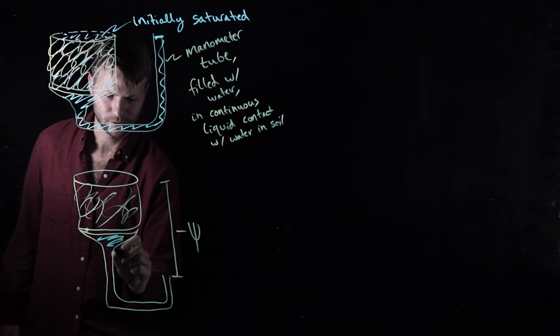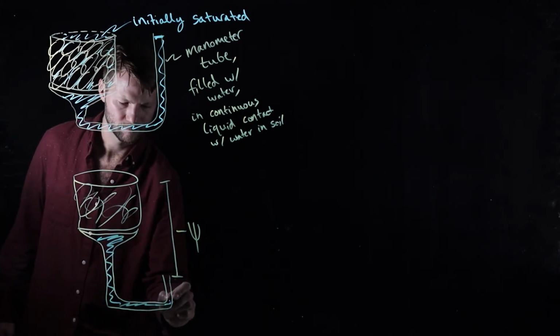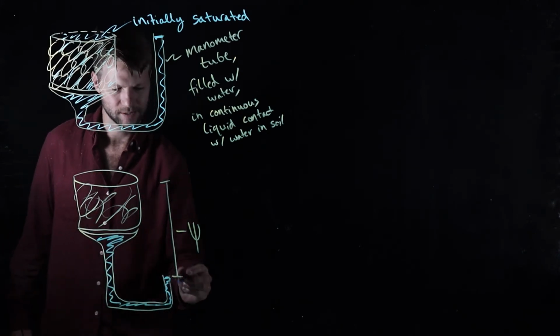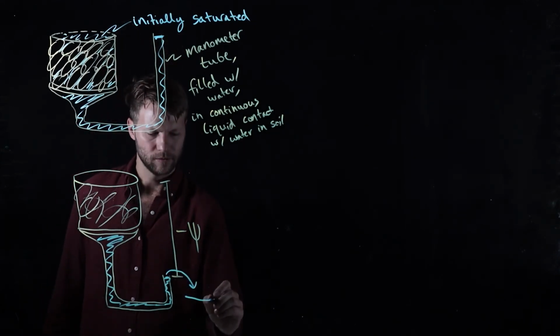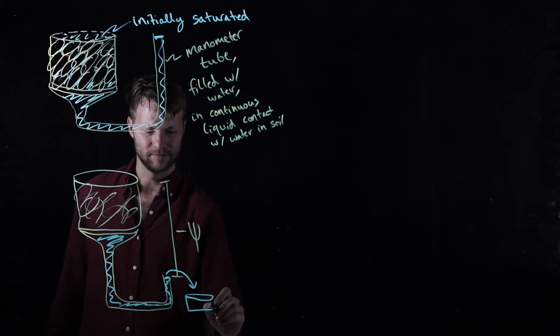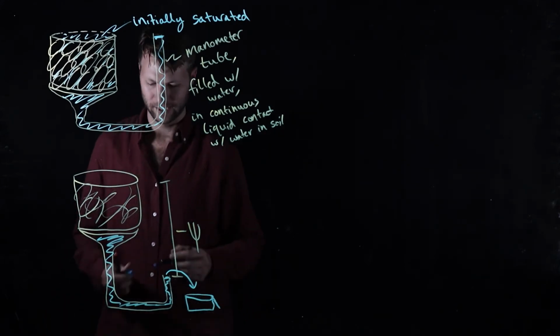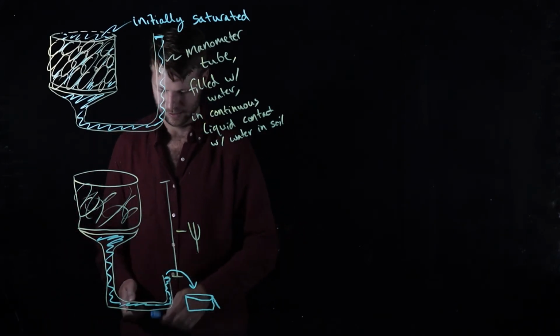So there's continuous liquid water here, and it's out to here. And the other key thing is that as this water comes out, we're measuring it, and this is supposed to just show you like there's a measuring cup or something. And so we're able to do this experiment.